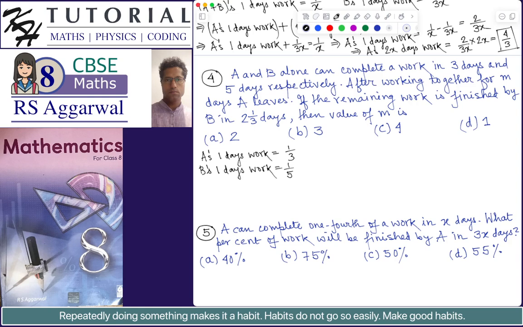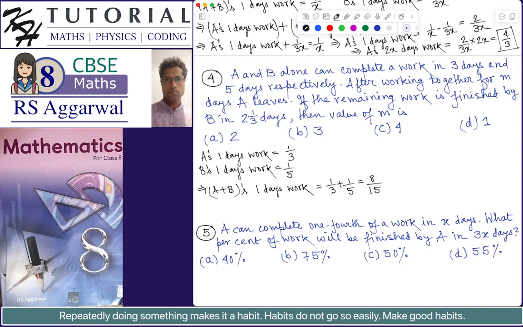So this implies A plus B's 1 day's work, that is the amount of work done in 1 day when A and B are working together, is equal to 1 by 3 plus 1 by 5, which is equal to 8 by 15.